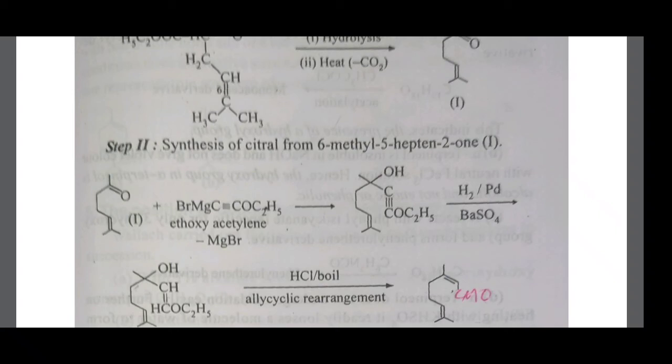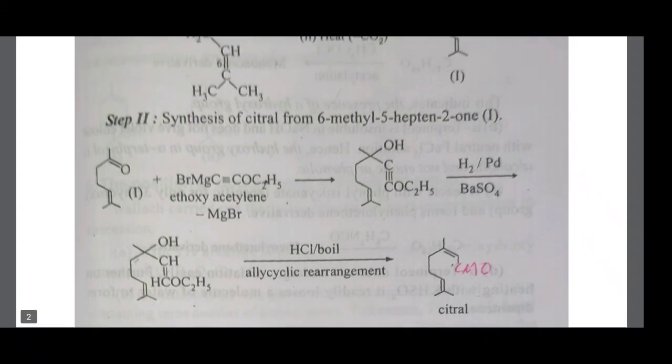Here a product is formed: COH, C triple bond C, OC2H5. Then this product undergoes reduction with H2 and palladium in presence of BaSO4.